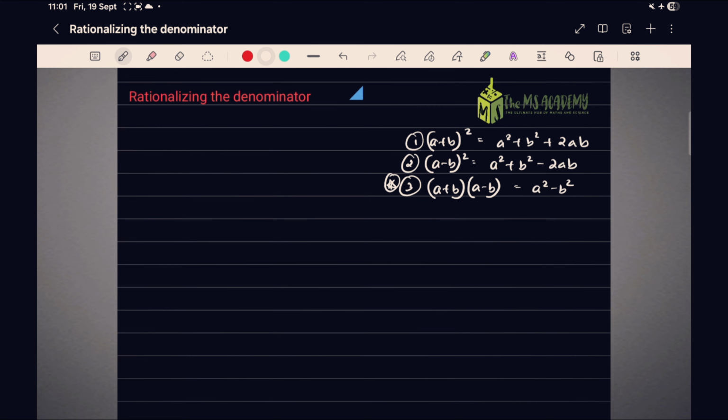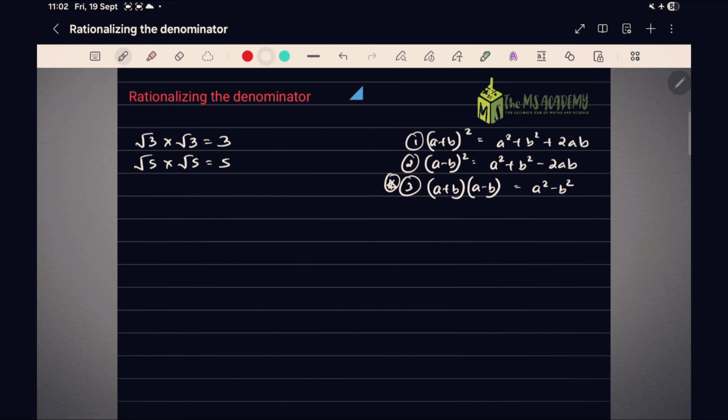अब जिन्होंने पार्ट 1 एंड पार्ट 2 ऑफ द वीडियो देखा हुआ है, वहां पे मैंने मेंशन किया था कि if we want to convert an irrational number to a rational number, then we have to multiply it by the same number. जैसे कि √3 into √3 gives 3 or √5 into √5 gives 5.